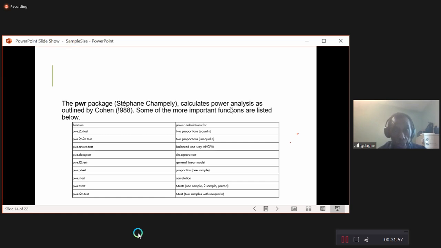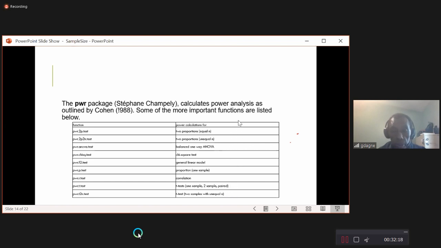This one is based on Cohen's small, medium, and large standardized effect sizes. As you can see in the right column here, it has the most commonly used comparisons and tests.